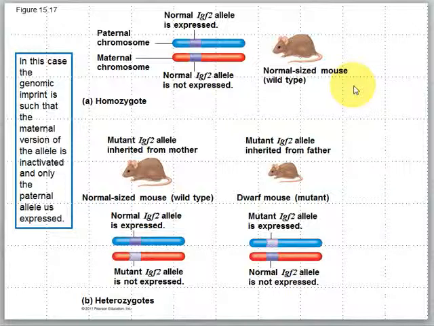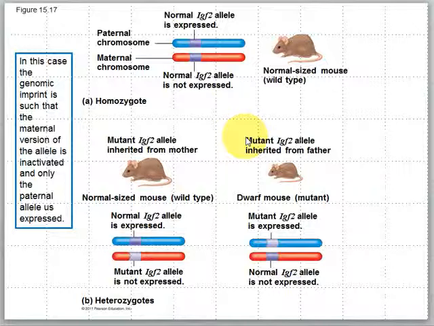In this case, you would have no idea that there was any sort of genomic imprinting going on, because this offspring mouse received the normal allele from dad and the normal allele from mom. So that would tell you basically nothing. But what if you have two different mice and they are heterozygous for this trait, where they received one of the normal alleles and one of the mutated alleles?